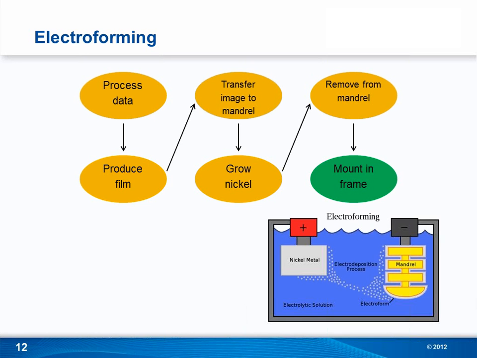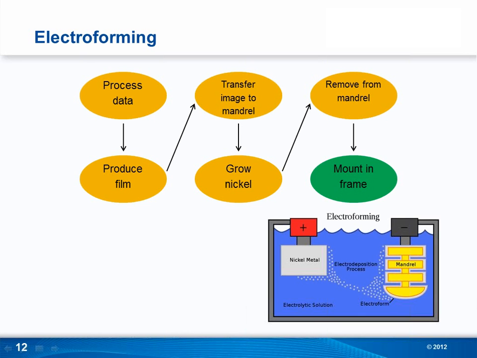After that, the mandrel is placed in a chemical bath and a nickel layer is grown on this mandrel, except where the little islands are that are going to become the apertures in the stencil. This particular step controls how thick the metal is going to be, so proper control is needed at that point.